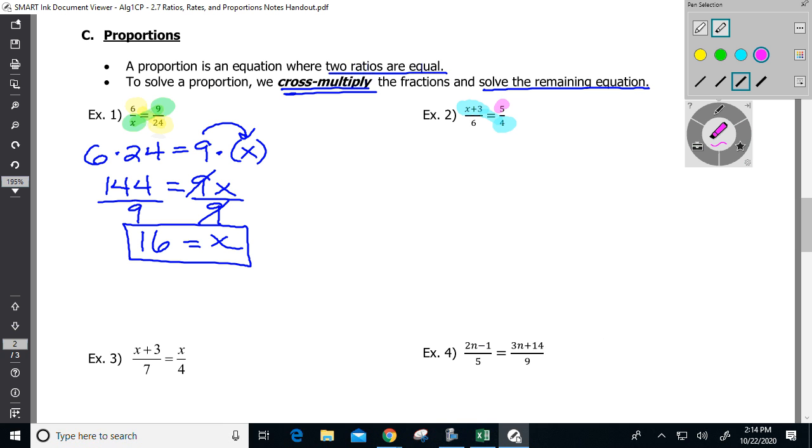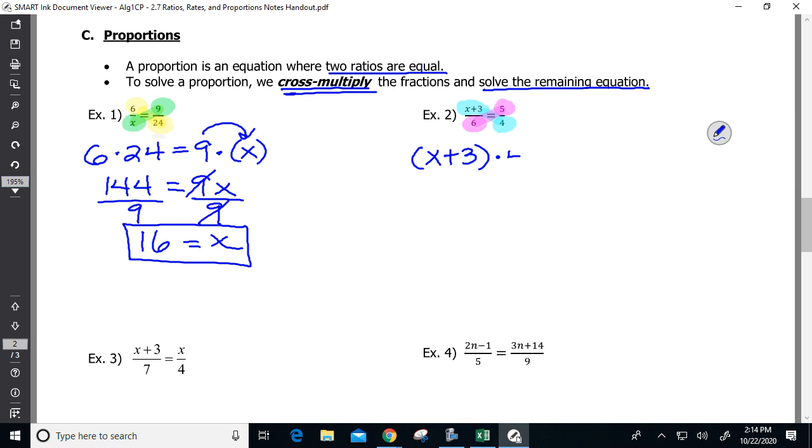That means 5 has to get multiplied times 6. So x plus 3 times 4 equals 5 times 6. Remember, x plus 3 is in parentheses because the variable is there. Any questions before we continue?